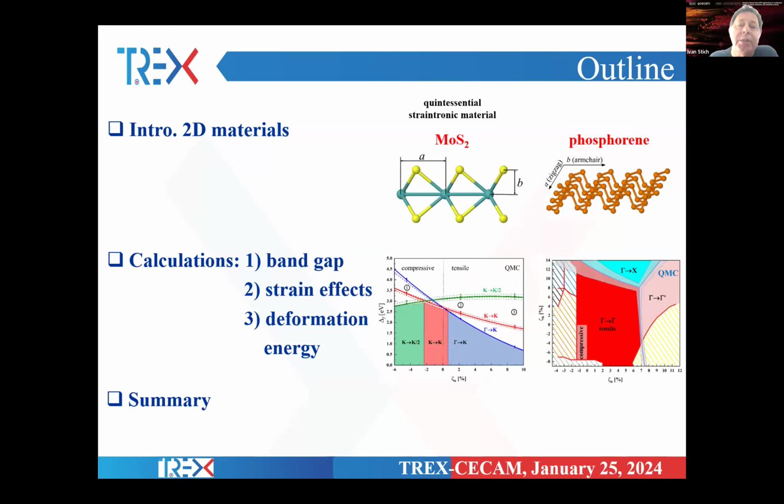Many straintronic experiments exist for this system. The main outcome of these calculations will be a phase diagram of the different excitations. I will outline the boundaries where the different band gap types are realized, and I will be comparing these two systems.